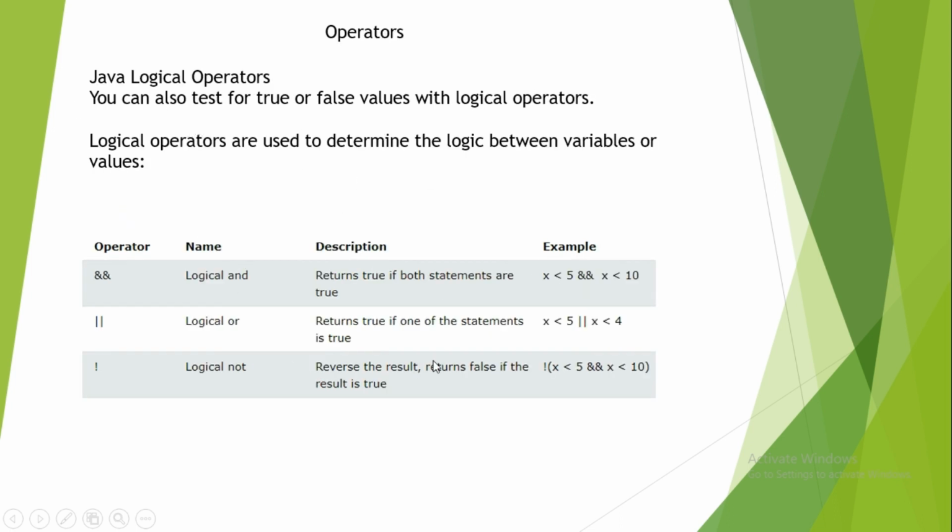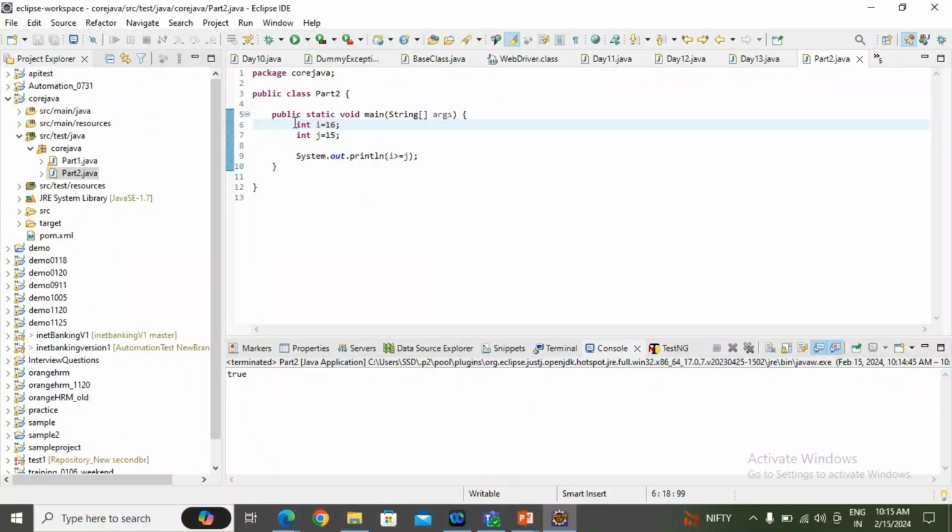Logical operators can be used with boolean values. That means a boolean value holds either true or false, right? Suppose I give a boolean variable a, let us say true, and boolean b equal to true.